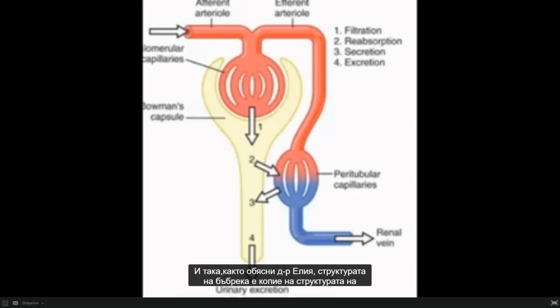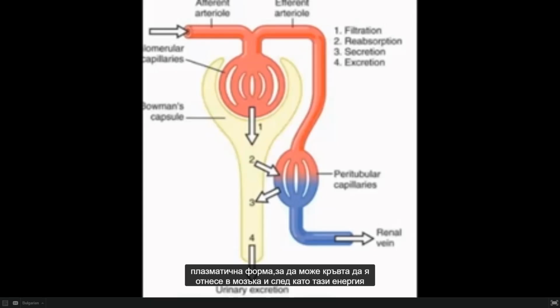So, as Dr. Elia explained as well, the structure of the kidney is a copy structure of the lung in reverse. The lung converted the matter into energy in a plasmatic form for the blood to be taken to the brain.